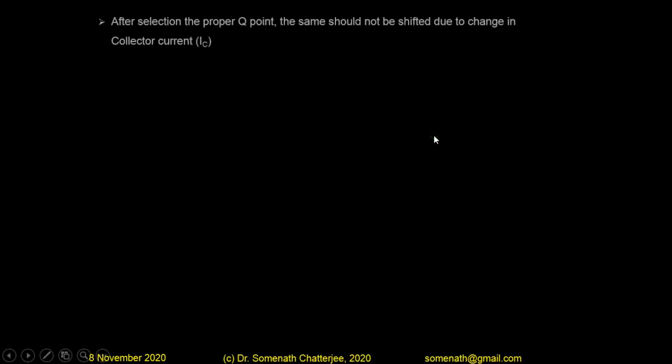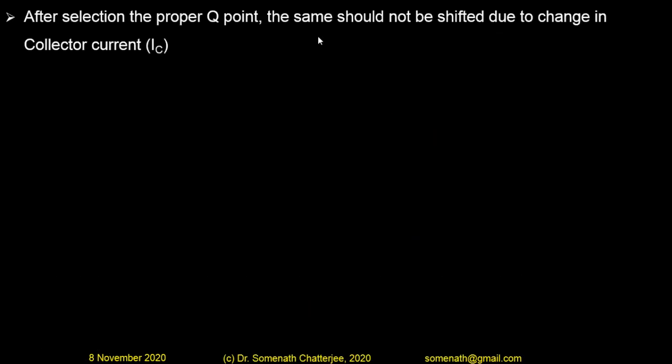That is the main concern for us: the Q point should not shift due to a change in collector current. What is the collector current? IC. We know that IC is equal to (beta plus 1) ICBO plus beta IB.